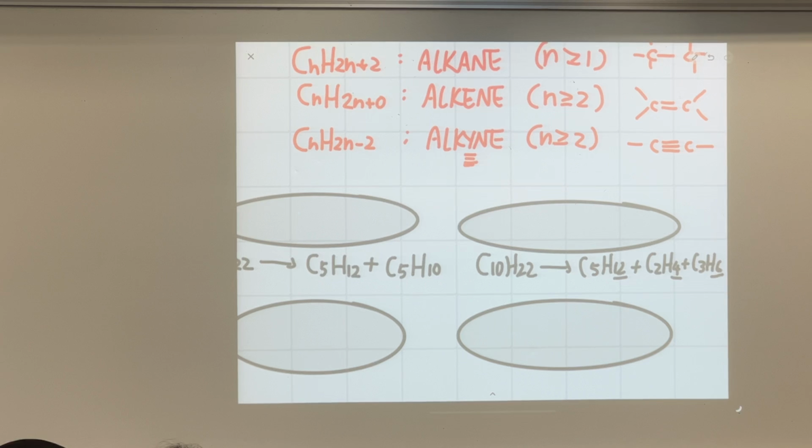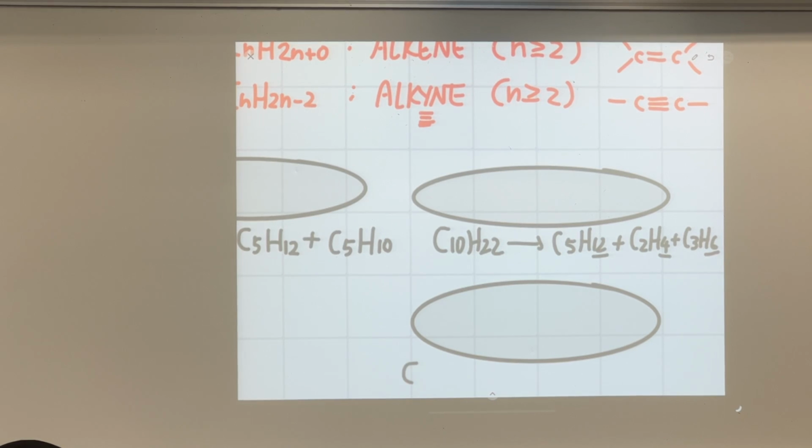What about the third reaction here? The third one is actually the same as the second one, so just ignore this one. Look at the third equation. You can have C10H22 forming a bunch of alkenes. Can you give me 2 numbers whose sum is 10? 7 and 3.